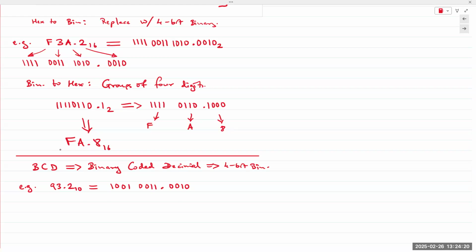One of the most common examples is using this in calculators and keypads. If you press 9 on a number pad, internally it shows you 1001. So 4 wires, 4 transistors, and the output of that circuit would be 5 volts, 0 volts, 0 volts, 5 volts.